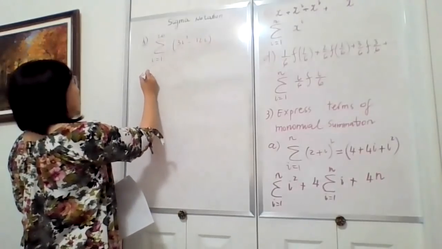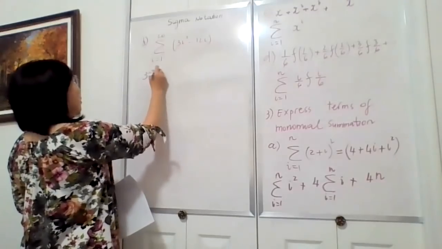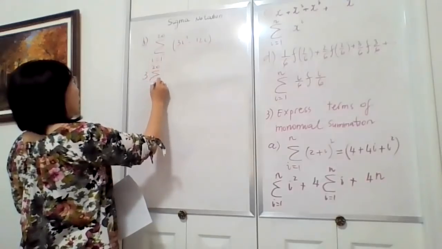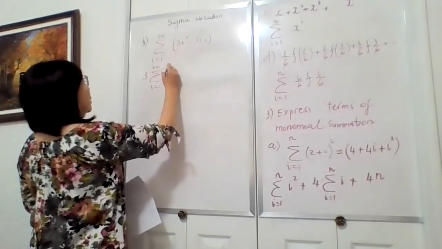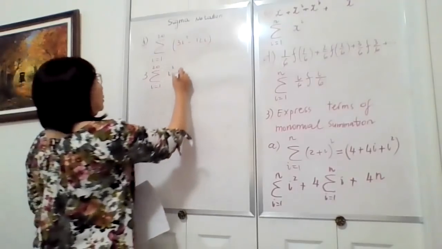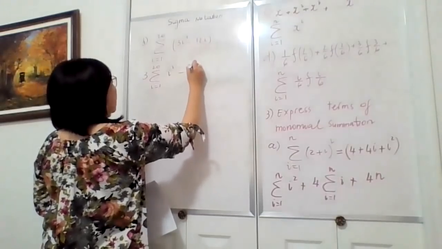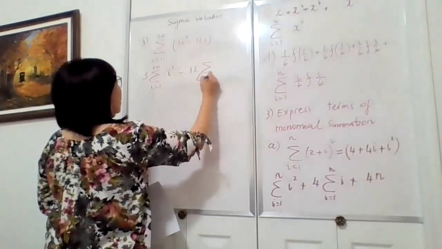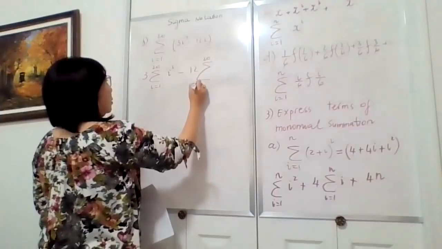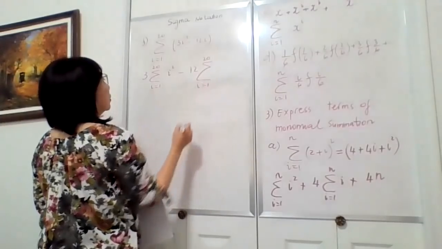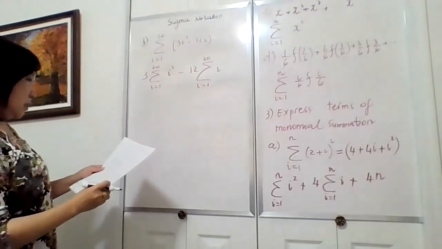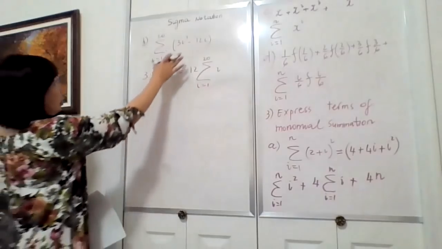So now you can bring the 3 outside, and inside we have I squared, right? Minus, you can bring the 12 outside, because it's a constant, we can bring it outside. 20, I equal 1, and this is I. So that's how we express this in the terms.